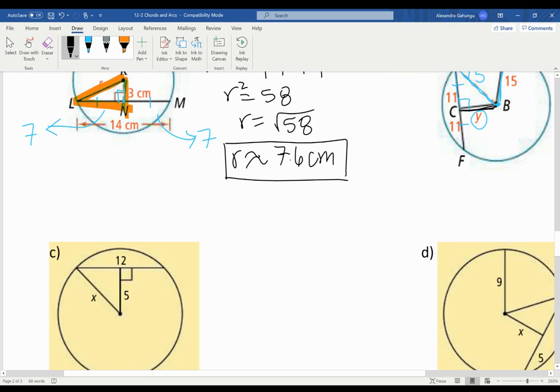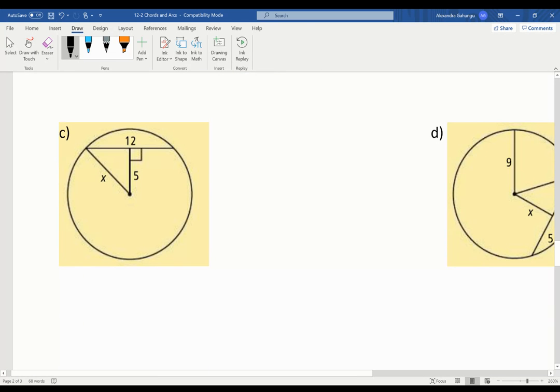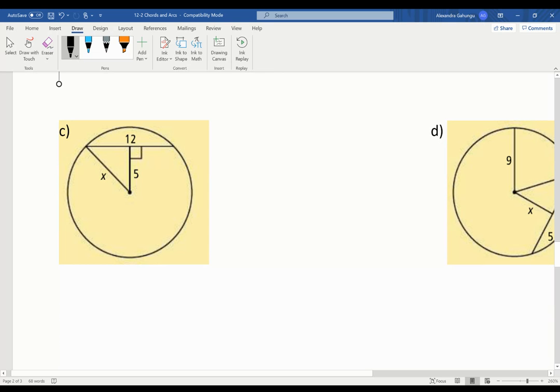Third example, similar process. We know from this picture that if we have the 90, that means that this guy will bisect our chord. So if the whole chord is 12 units long, each part is going to be 6 units long.